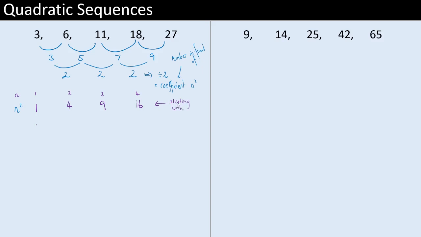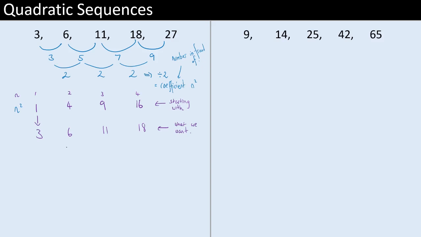What we want is 3, 6, 11, 18. Same kind of idea that we used for our linear sequences. It's just a bit harder because we needed to think about what n squared was rather than just a times table.